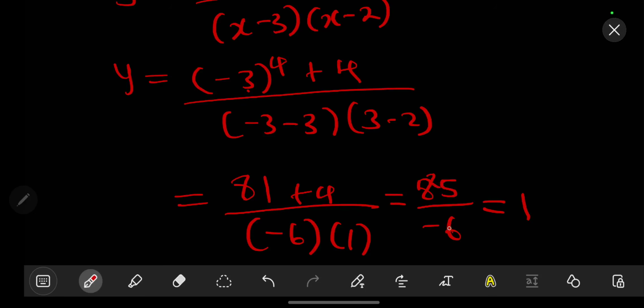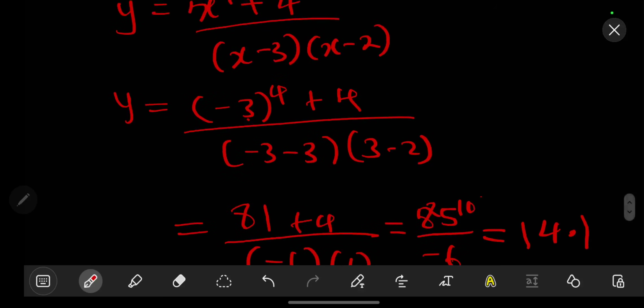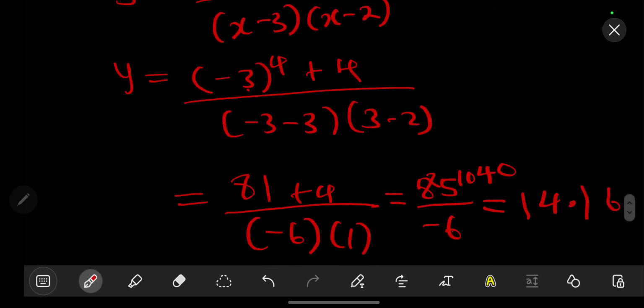Then 25 divided by 6 will give us a 4, remainder is 1, we add a 0, so we are going to have 0.1 like that. The remainder is 4 then. 10 divided by 6 is 1, remainder 4, we add a 0. 6 by 6 is 36, so we are going to have something like 14.16 like that. The value can keep increasing like that, so we can have 7 at the end there.